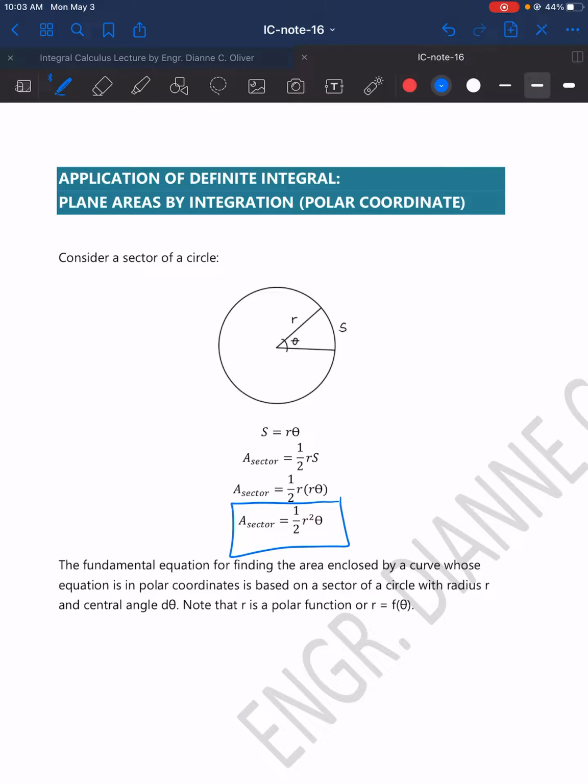The fundamental equation for finding the area enclosed by a curve whose equation is in polar coordinates is based on a sector of a circle with radius r and the central angle d theta. Note that r is a polar function, or r is equal to f of theta.